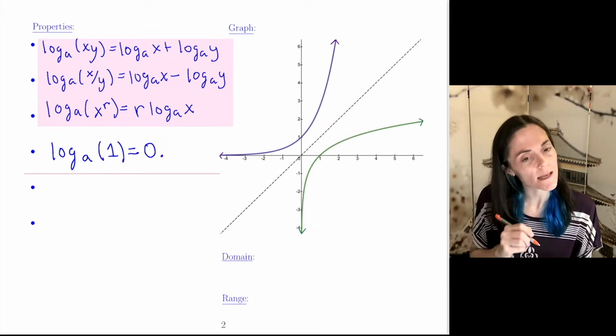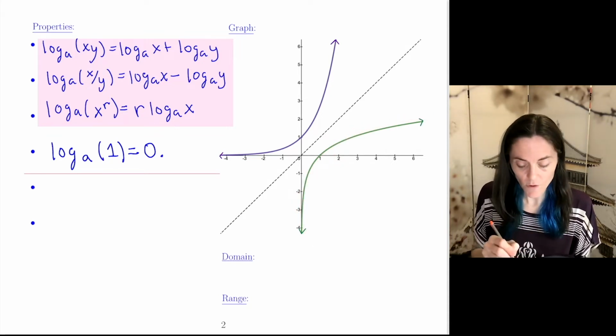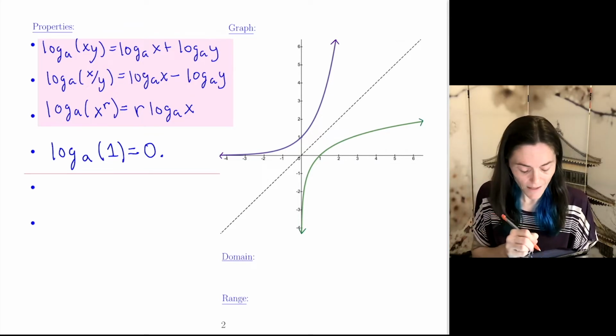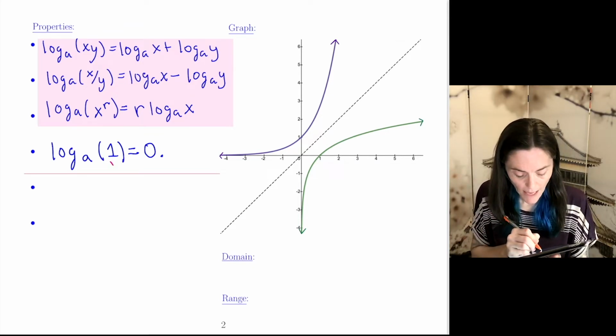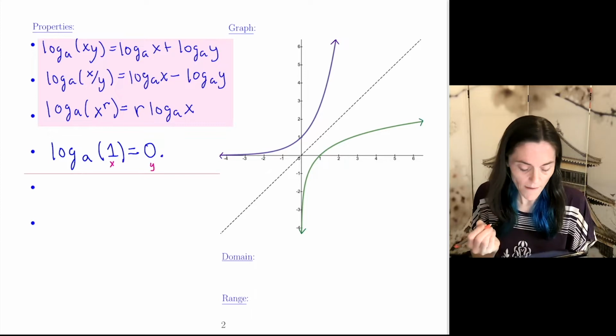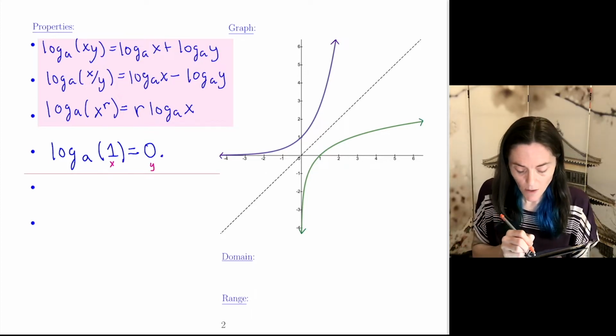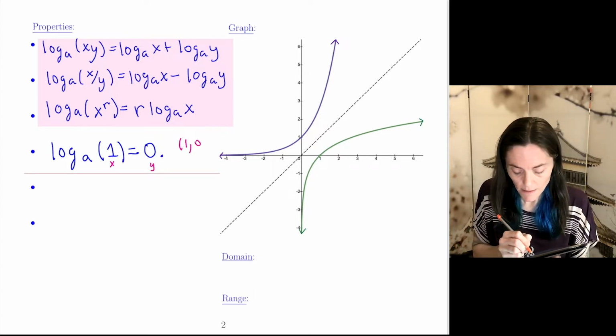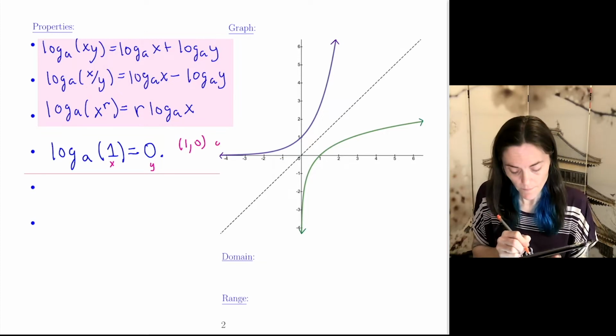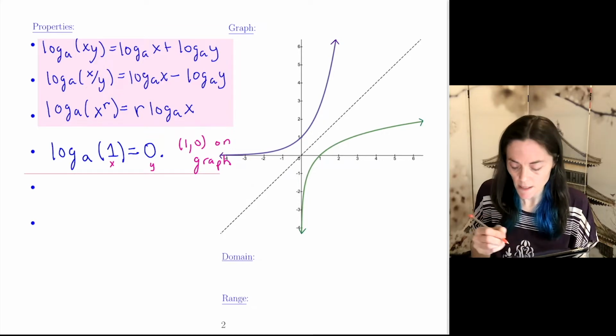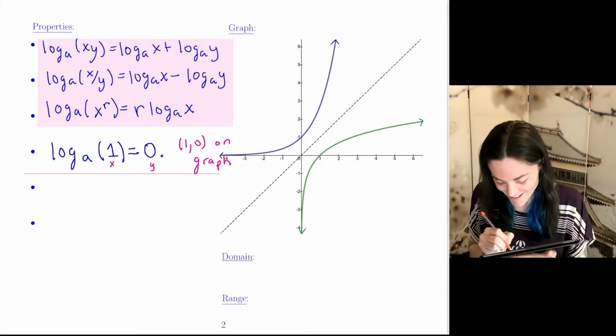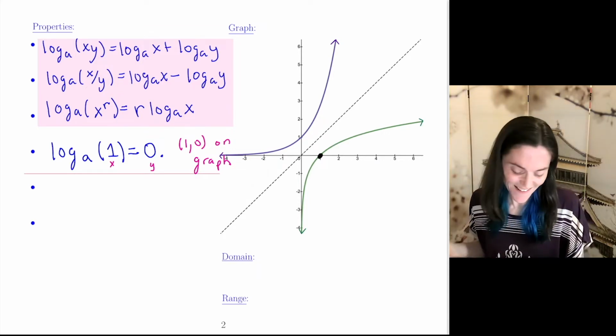If you think about the graph of the log, this would be the x value, and this would be the y value. So this says that (1, 0) is on the graph of every logarithm. And you can see it here. It's right here. You see (1, 0) is on the graph.